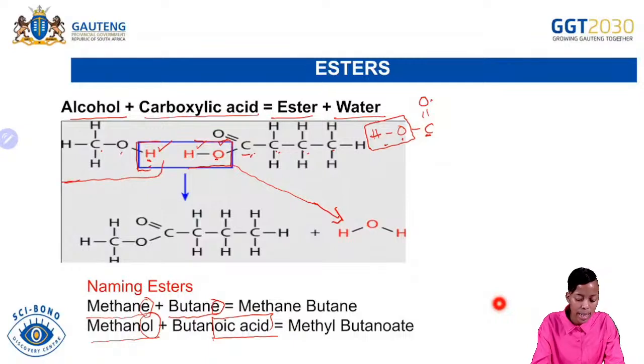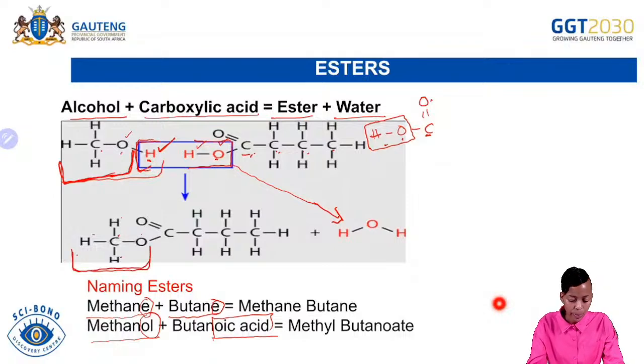So from there, what happens? You will see that you had this alcohol part, which is 1 carbon and 3 hydrogens, and the oxygen. So I'm not going to change anything. The only thing that I did there was remove a hydrogen, and then you redraw the structure as it is.